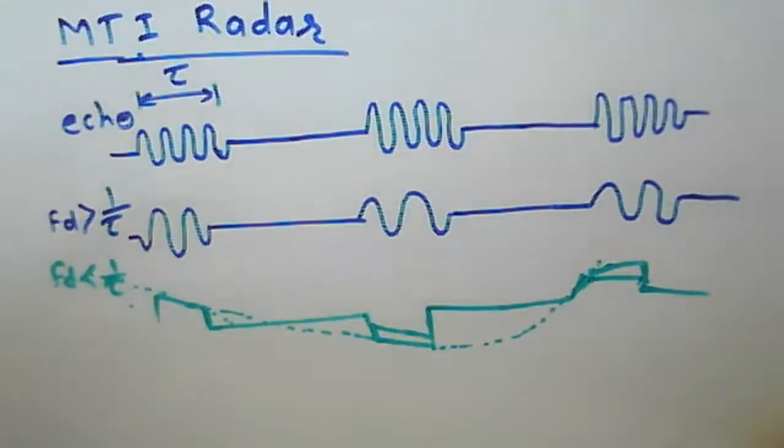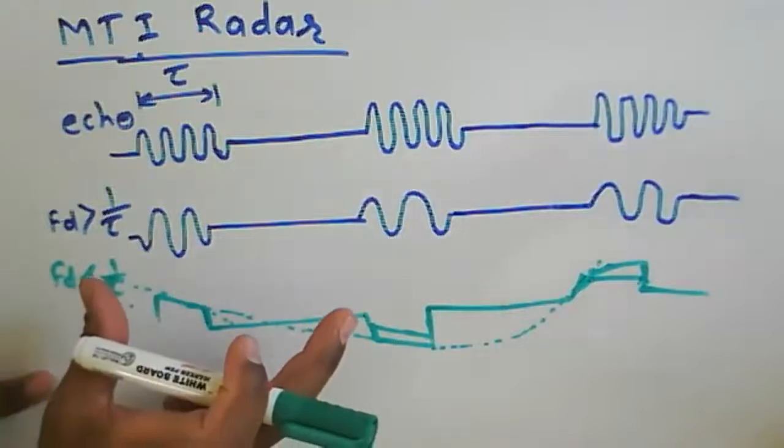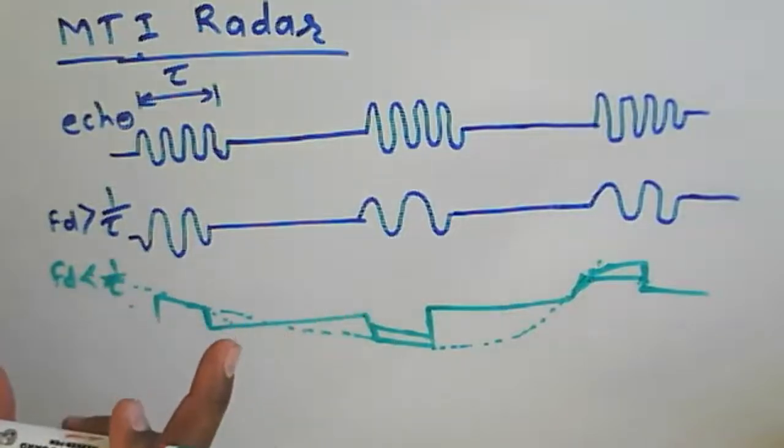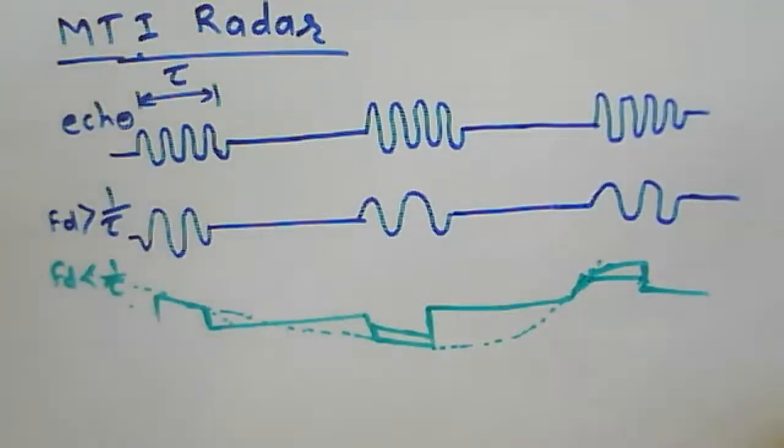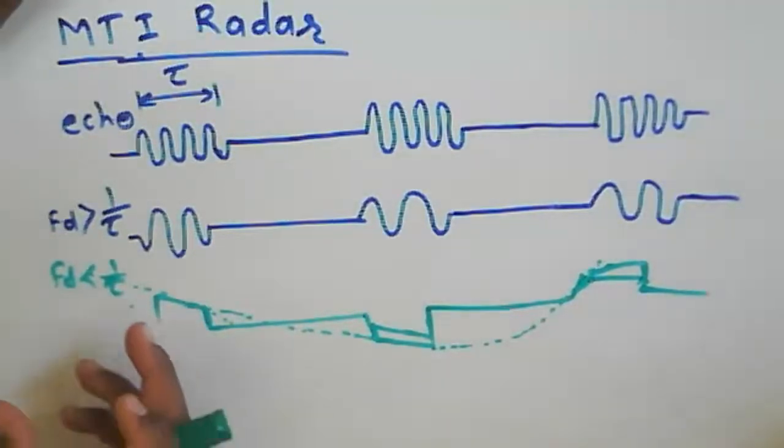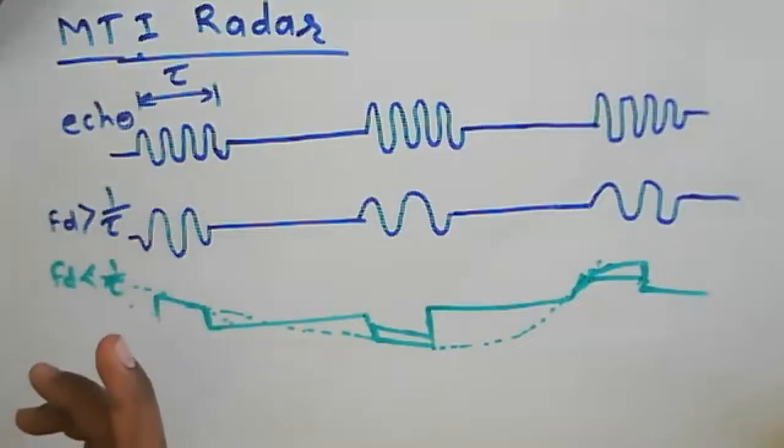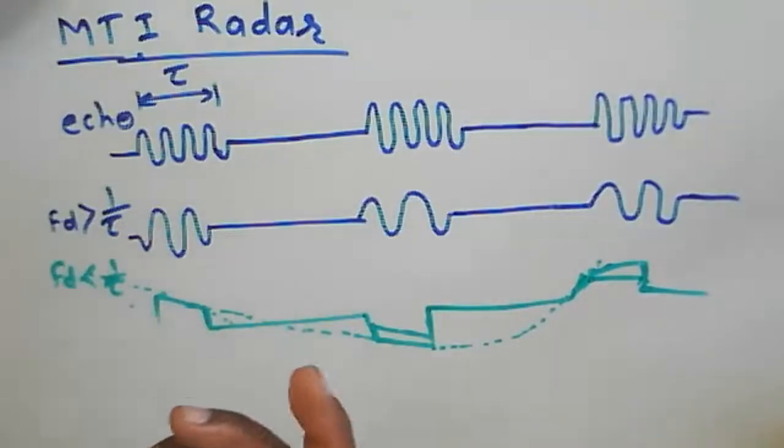Now, if there is a change in the frequency of the echo signal, in that case, due to the Doppler effect, we are able to detect the given pulse. But what we exactly need at the receiver is that a single pulse can be sufficient to detect that there is a target.